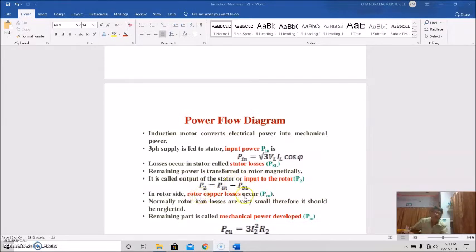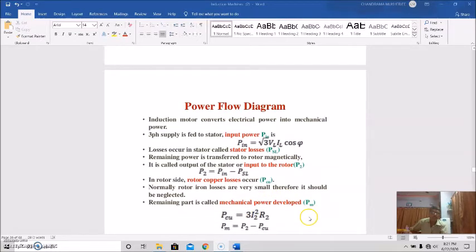On the rotor side, rotor copper losses occur. If from this rotor input power you deduct this, you will get the developed power. Normally rotor iron losses are very small and therefore neglected, and the remaining part is called the mechanical power developed.